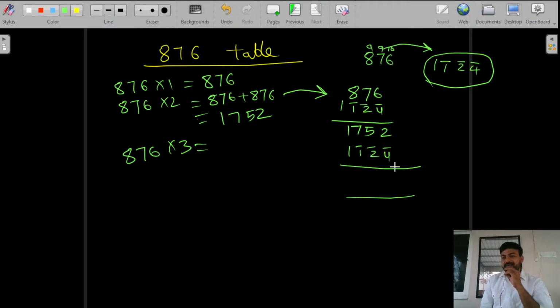Use this devinculation and vinculation process. Continue till 876 tens are. Complete this.